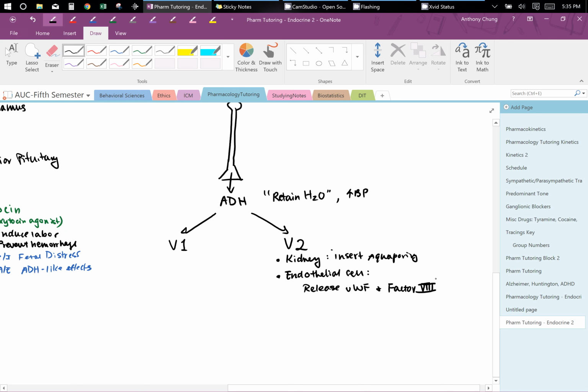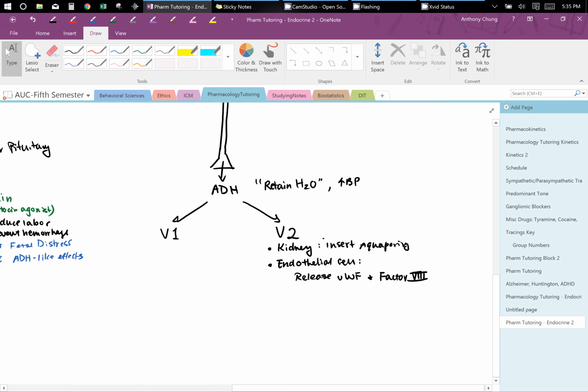Okay. So in this pathway, you can imagine if someone has central diabetes insipidus, so they're not making enough ADH, it would be helpful to give them ADH so that they can retain more water and insert the aquaporins.